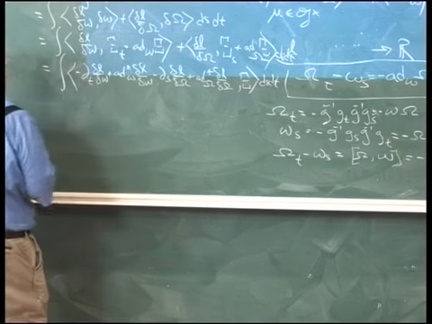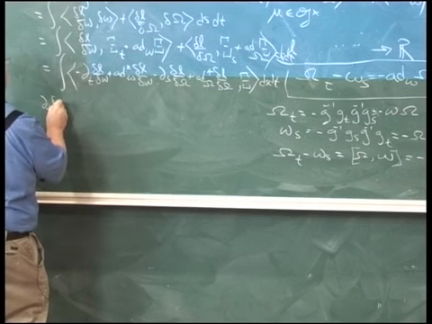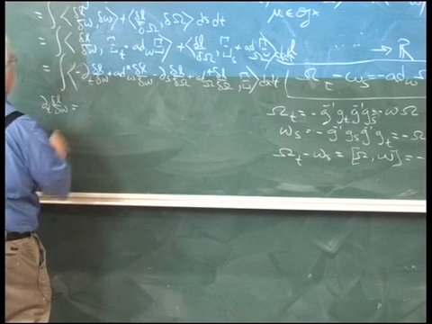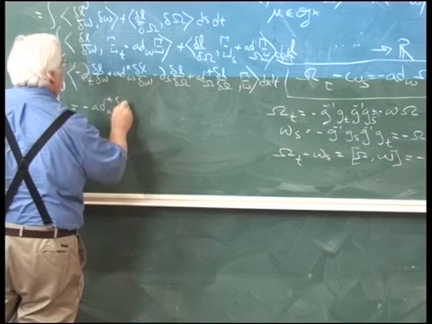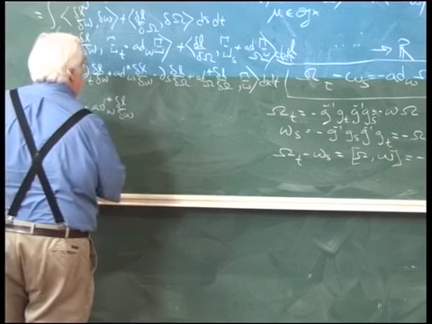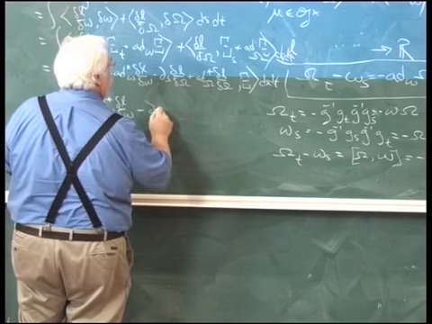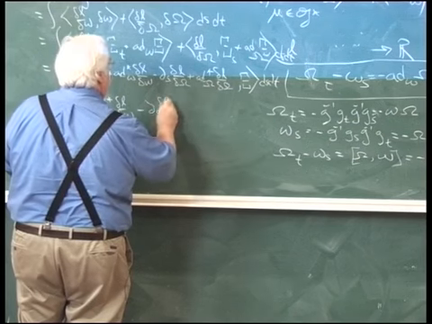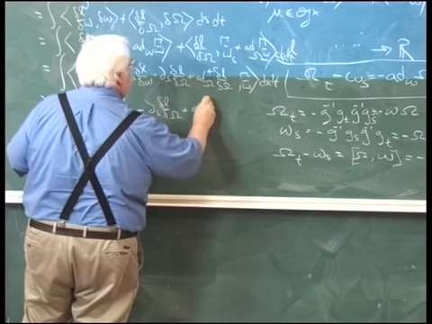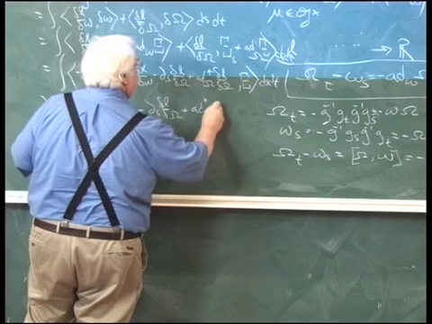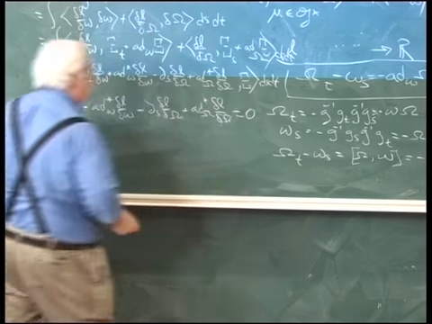The equation we get is d by dt of dl d omega is minus add star omega dl d omega, minus d by ds of dl d big omega, plus add star dl d big omega, equals 0.